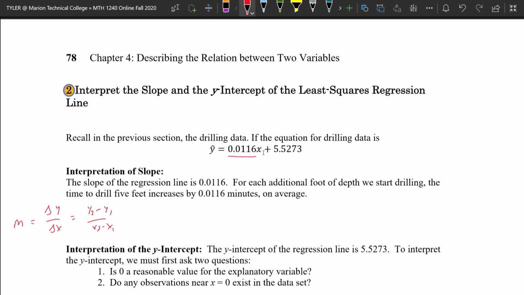So if I have a slope of 0.0116, that can be written as 0.0116 over 1, which tells me every time x changes by 1, my y value is going to increase by 0.0116. This is my change in x, this is my change in y. In context, the change in x was the change in depth, and the change in y was the change in the time.